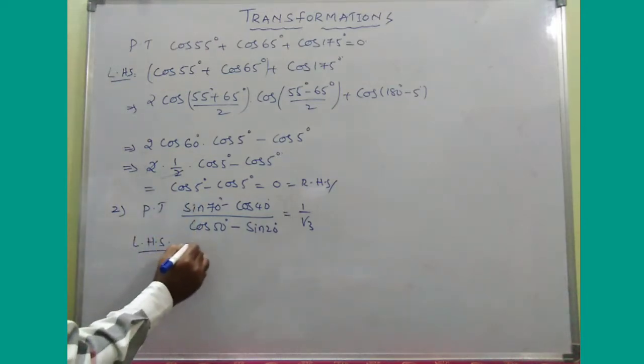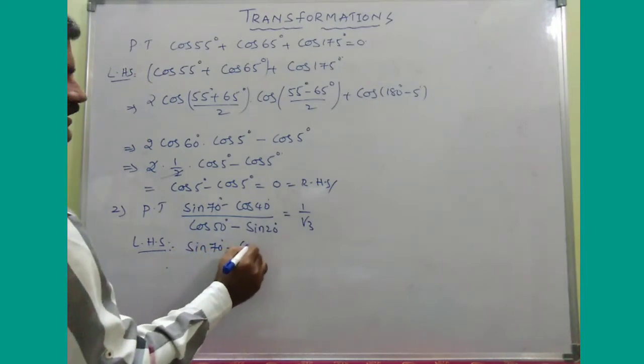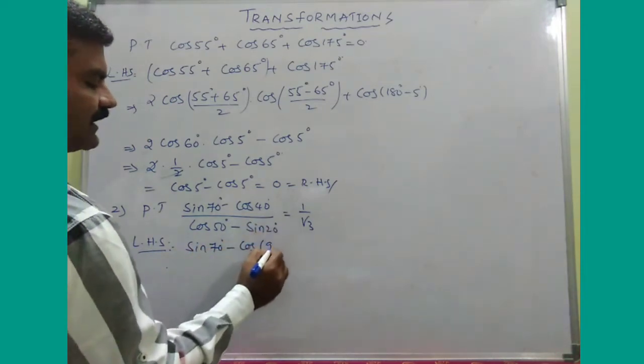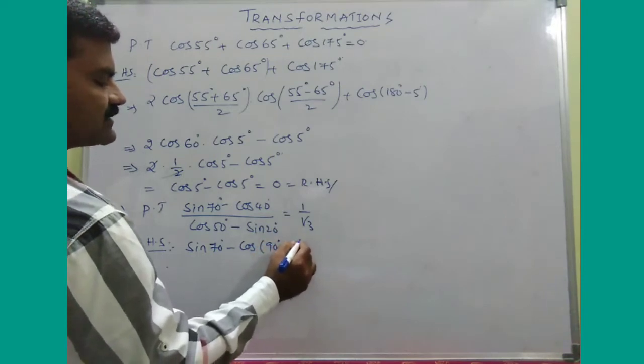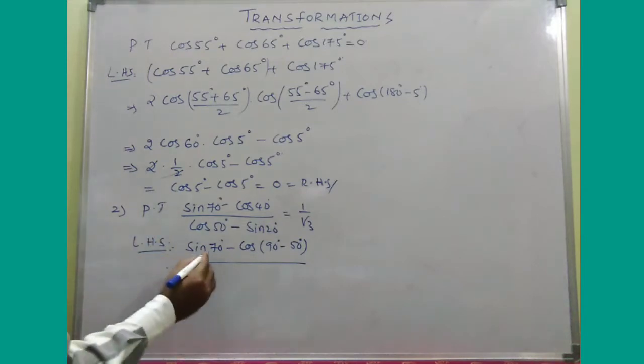So coming to here, let it be sin 70 minus cos 40. Actually I can write it as 90 minus 50, right? And here let it be cos 50. If not cos itself, you better change.